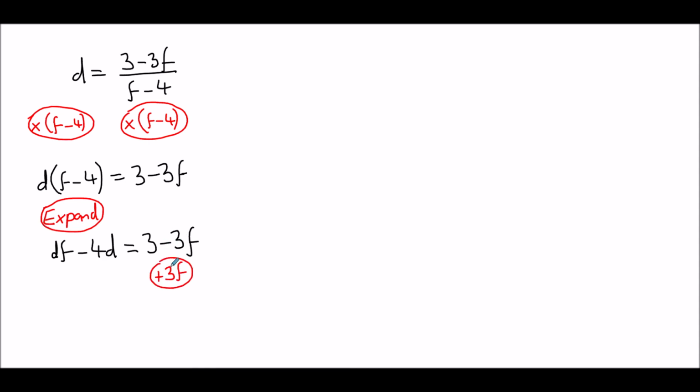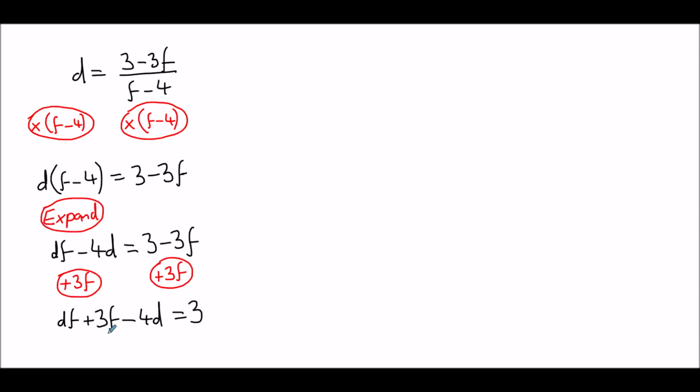But if we add 3F over here, to keep it nice and balanced, we do exactly the same operation on the left. Then what we'd have would be DF plus 3F, still with this minus 4D, equals 3. So we want F's on one side, everything else on the other.